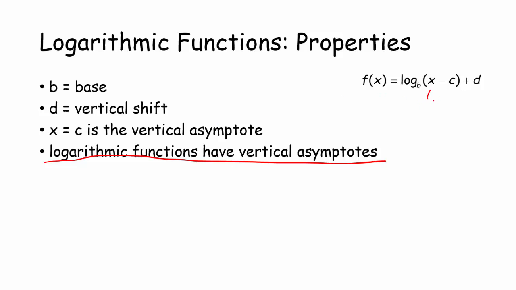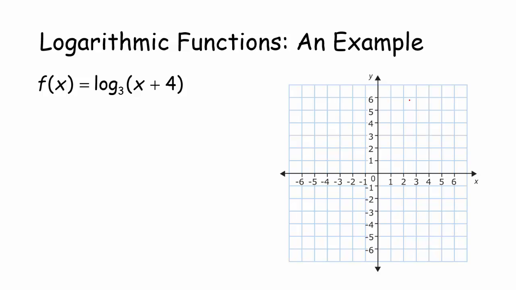So when you look at this function, this horizontal shift is going to dictate where the vertical asymptote is. So x equals c is the vertical asymptote, b is the base of my logarithm here, and d is the vertical shift. So again, just some basic properties of what a basic log equation might look like, but this is much easier when we look at a concrete example.